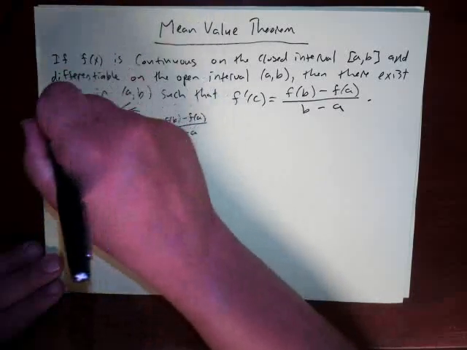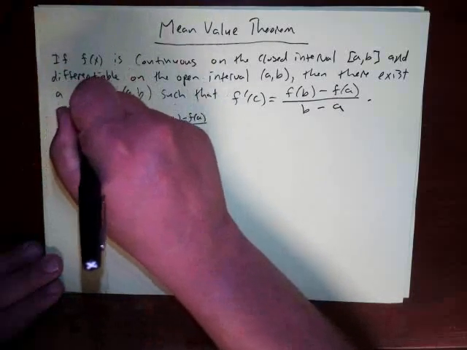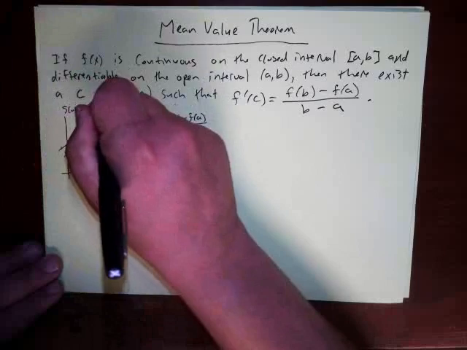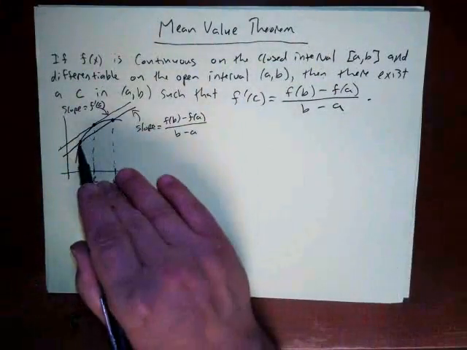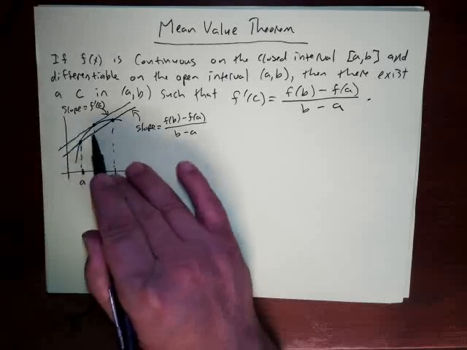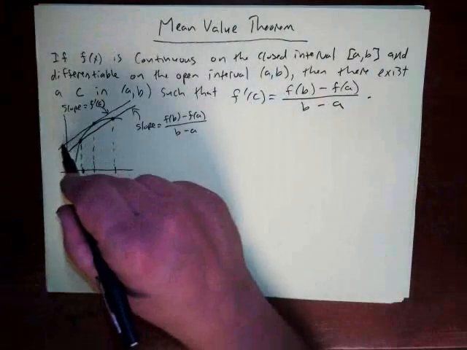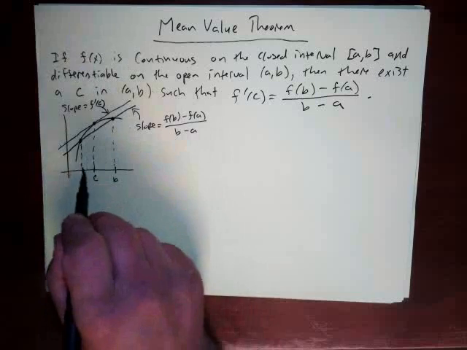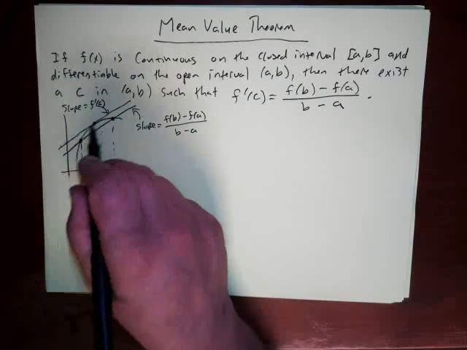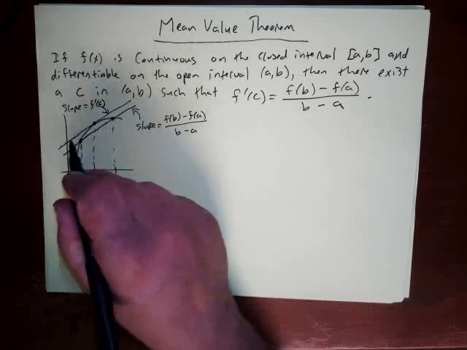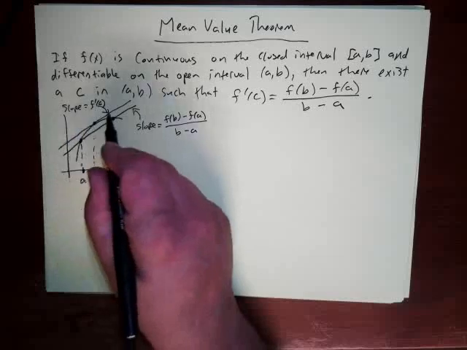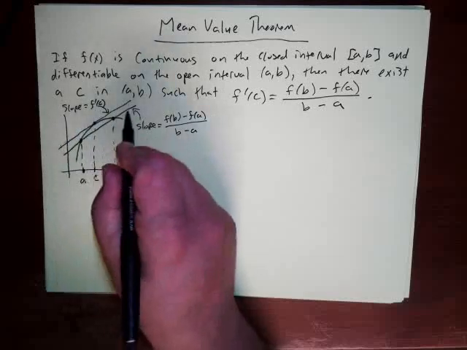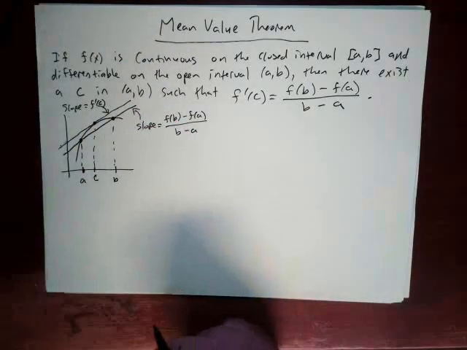So the slope of this line is equal to f prime of c. Basically, if the function is continuous on the closed interval [a, b] and differentiable on the open interval, then there's going to be some point in that interval where the instantaneous rate of change is equal to the average rate of change of the function over the interval.